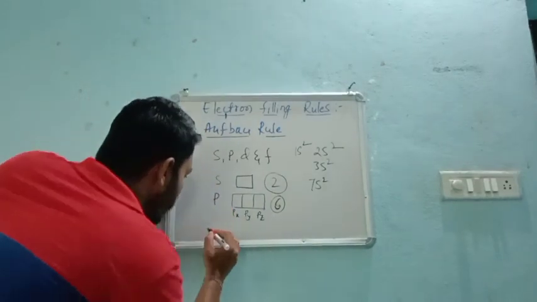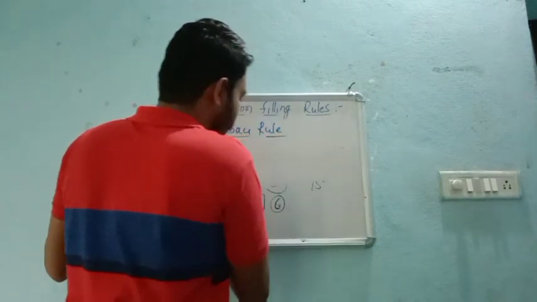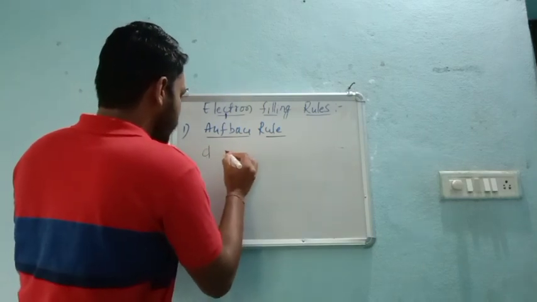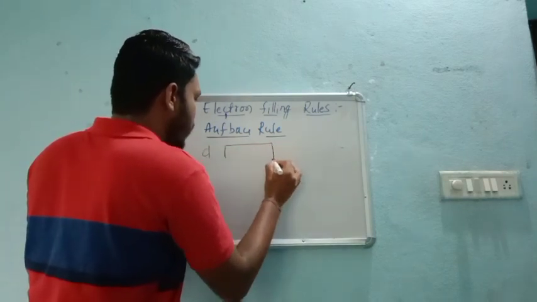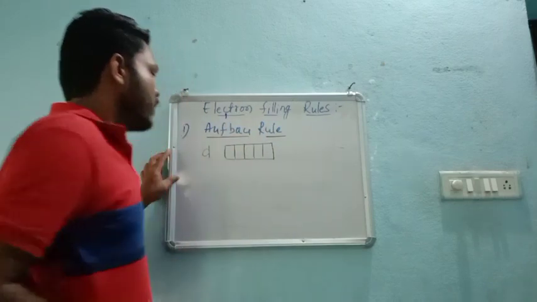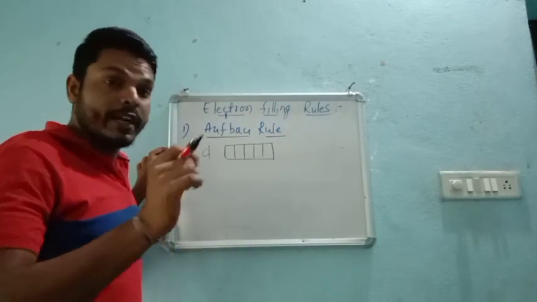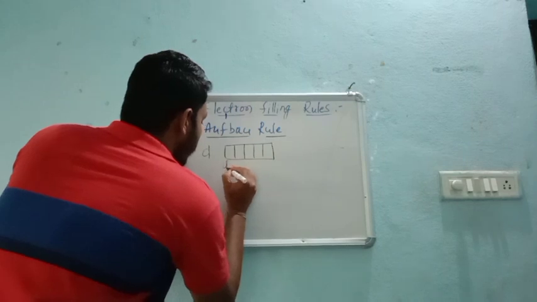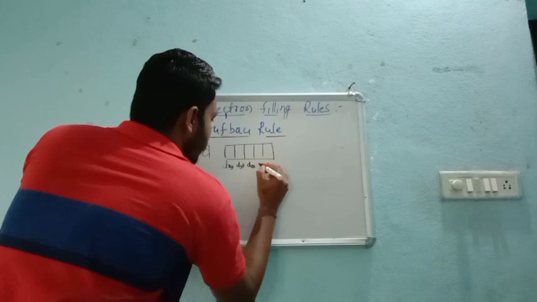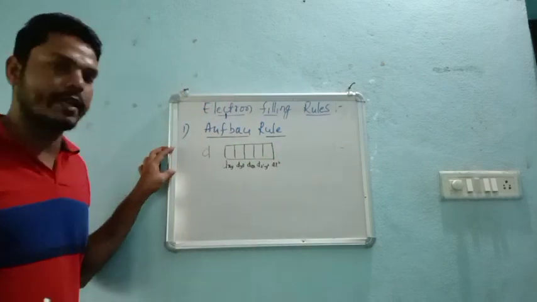Now coming to the d subshell. The d subshell has 5 suborbitals, very important, and those orbitals are in particular dxy, dyz, dzx, dx square minus y square, and the last one is dz square.